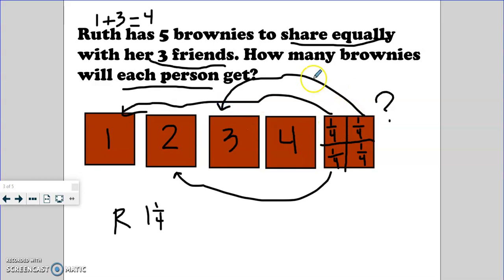Her other friend would get 1 whole and 1/4 piece of brownie. And her last friend would get 1 whole and 1/4 piece of brownie. Our problem we are looking at is 5 divided by 4 equals 1 and 1/4.